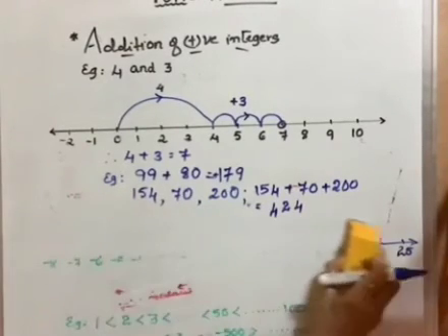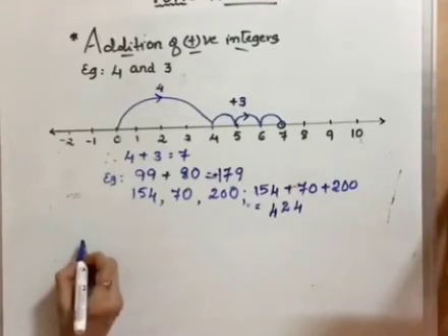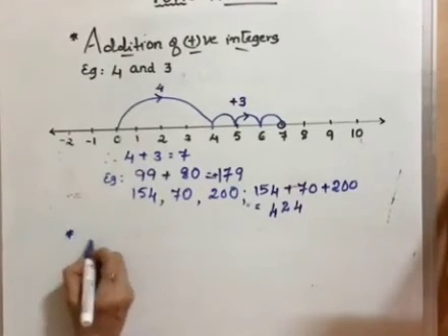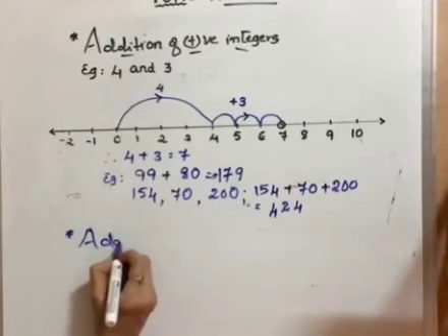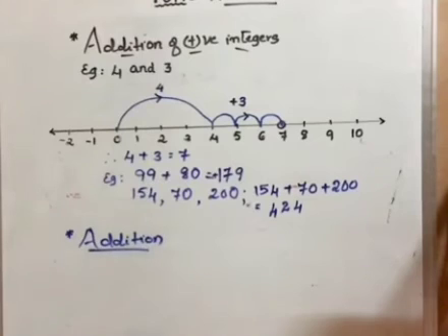That is rule number 1. Let us see what happens to negative integers. Next we talk about addition of negative integers. All this you have done in your 6th standard, children.